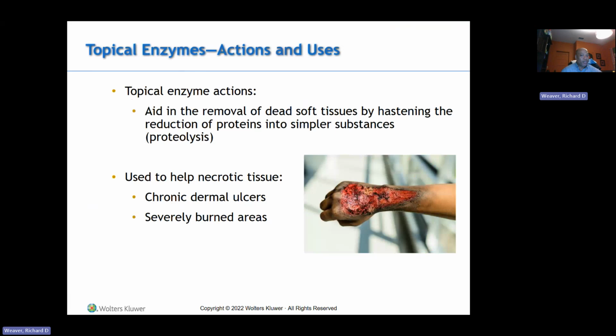And so with this dead tissue, which still has some protein qualities in it, these enzymes break it down so that it can be easily removed. This process is also called proteolysis. Remember that lysis or lytic means think about destruction or the eating away of some substance.